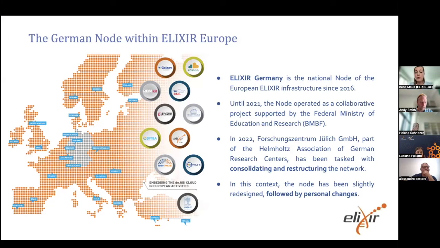By doing so, we moved to Research Center Jülich as a part of the Helmholtz Association of German Research Centers, which has been tasked with consolidating and restructuring the network. The process resulted in new contractual obligations and, of course, staff turnover. Next slide.